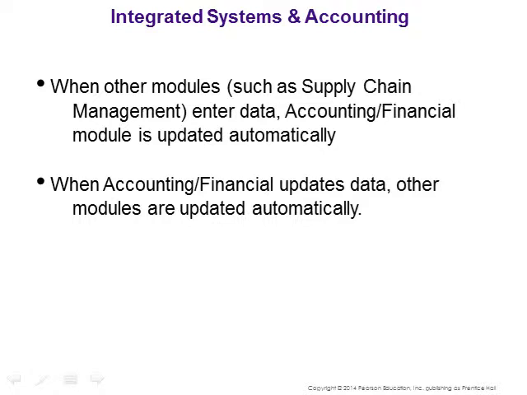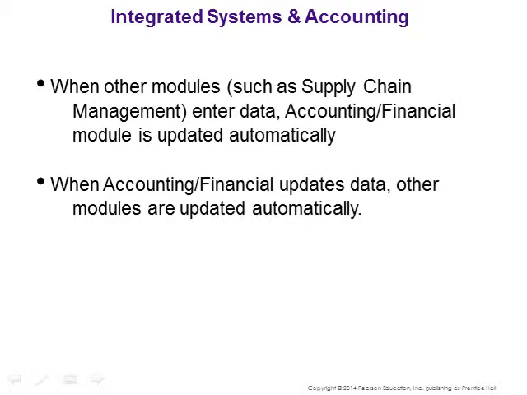And so again, we see when other modules such as supply chain management enter the data, the accounting and finance module is updated automatically, so there's no rekeying, and so we don't worry about the risk of inaccuracy, we don't have the cost issues, we're able to leverage some efficiency functionality there. The same is true that when accounting and finance updates data, other modules are updated automatically.